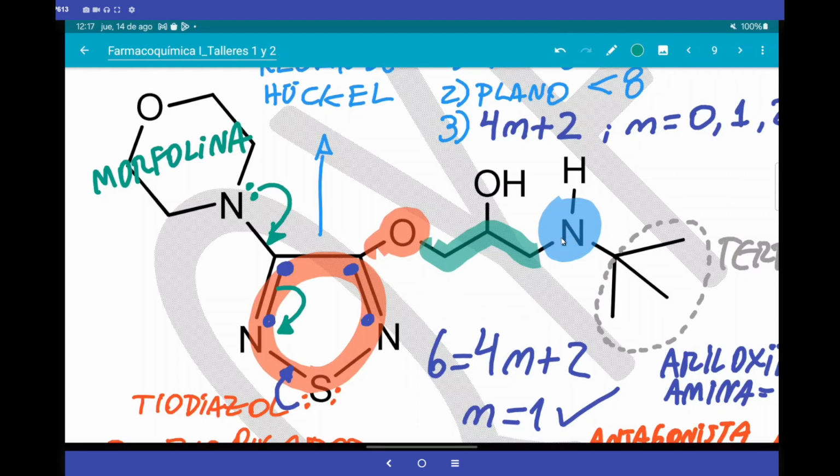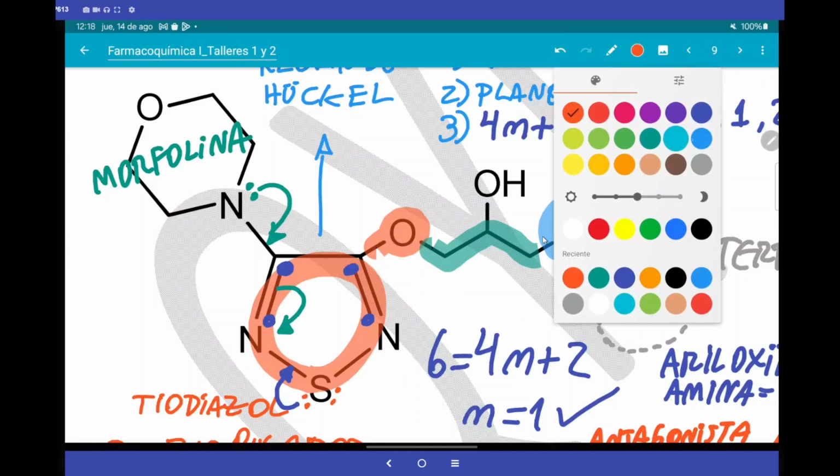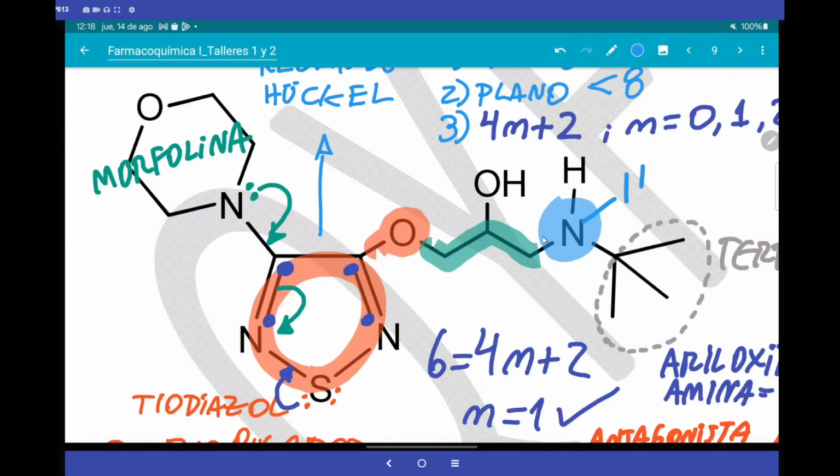Okay, then that nitrogen will still have a positive charge at pH 7, and therefore when they do the docking of this, they will have to put the proton and positive charge there, or check, because sometimes I have seen it happen in theses, that we have seen docking where it did not protonate there. Then all the work comes to the ground, all the discussion that has been good.